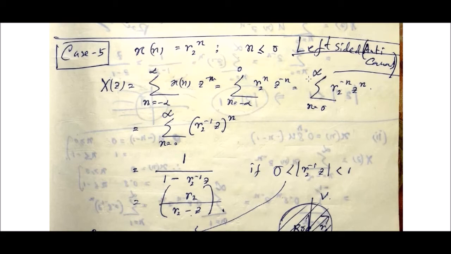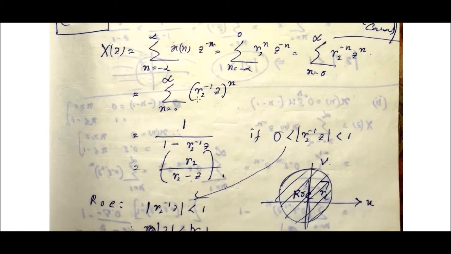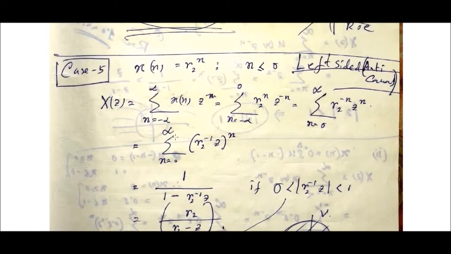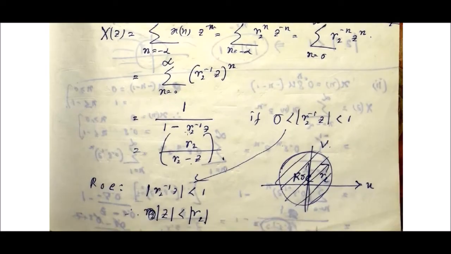Now it is an infinite GP series, and by using the formula of the GP series, the Z transformation of this signal is 1 by 1 minus R2 to the power minus 1 Z. The necessary condition is that this number's magnitude should be between 0 and 1.